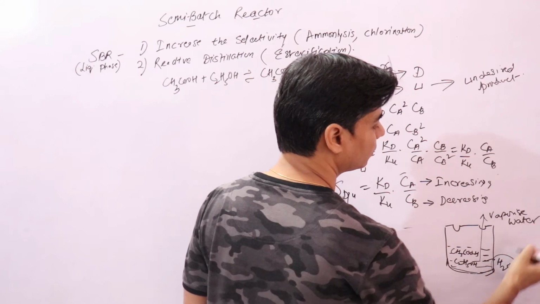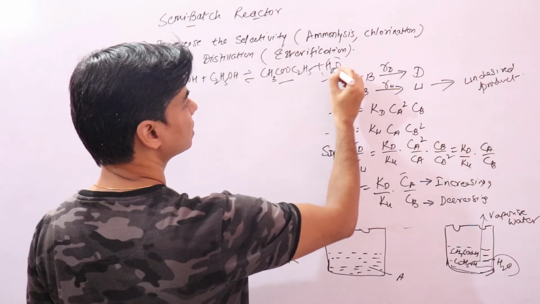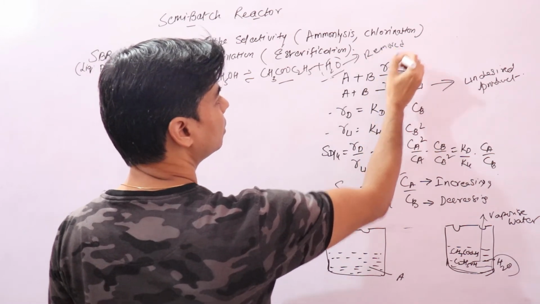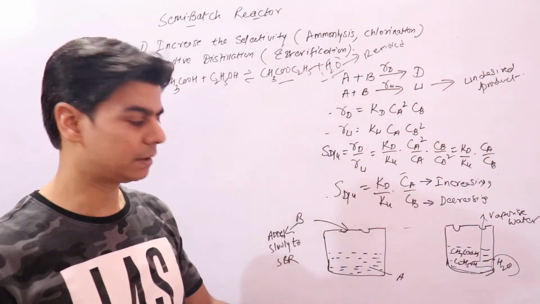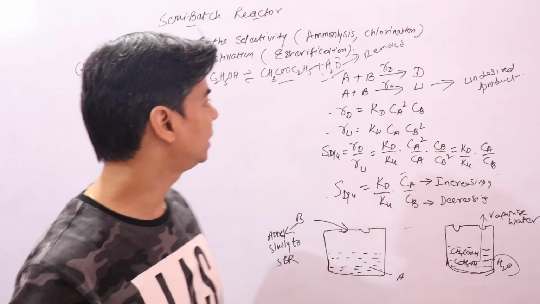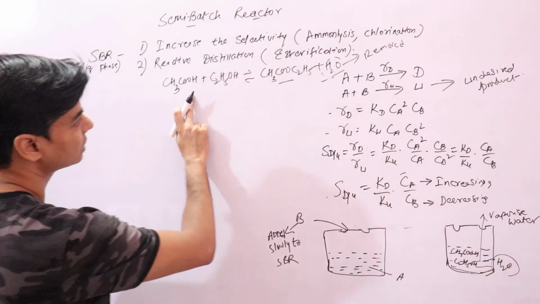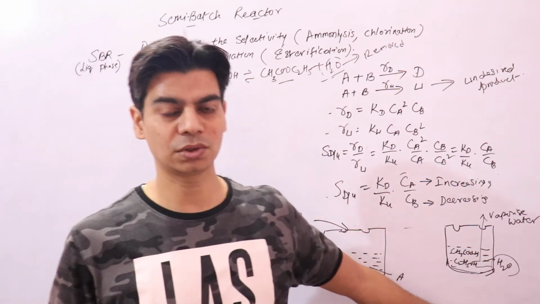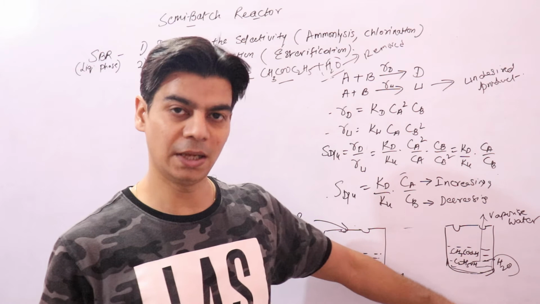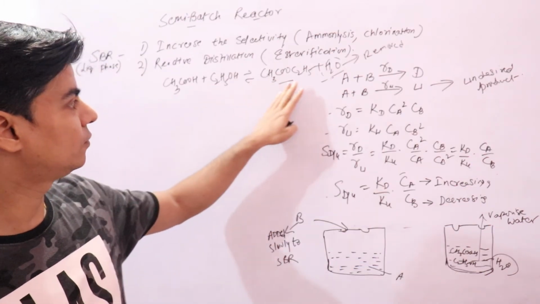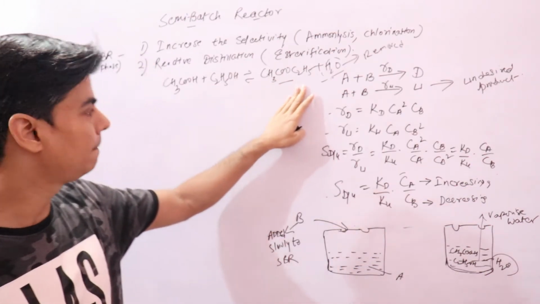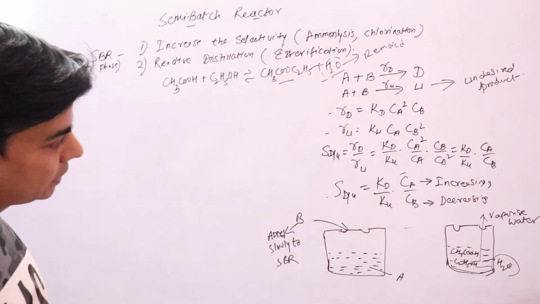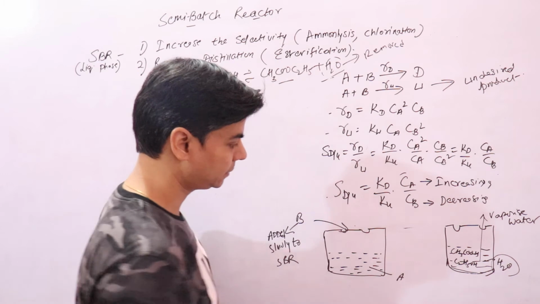When water is removed, this reaction will move towards the product side. This is how a semi-batch reactor will help us achieve a high concentration of product using reactive distillation. I hope this is clear.